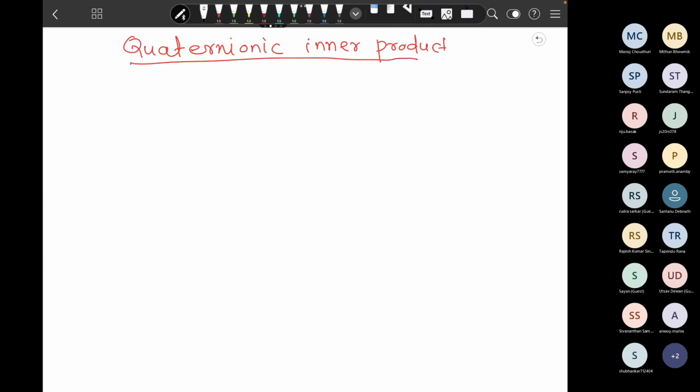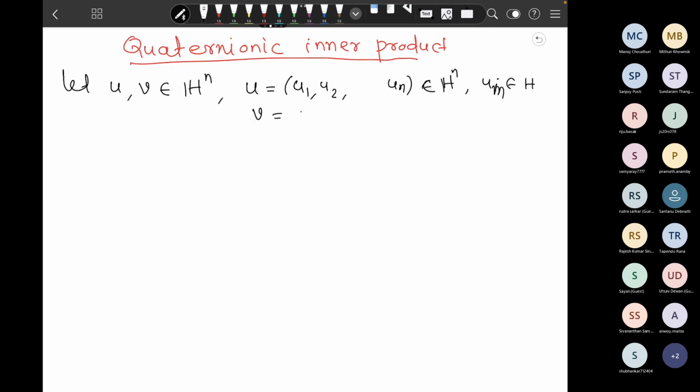Let U, V belong to H^n. So U is equal to say (U1, U2, ..., Un), where each Ui belongs to H, and V is equal to (V1, V2, ..., Vn) in H^n.